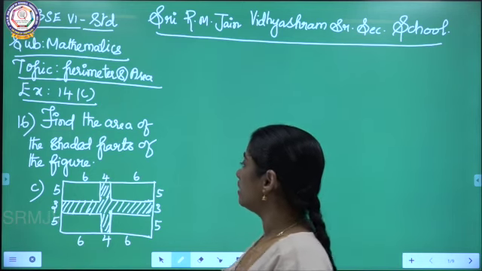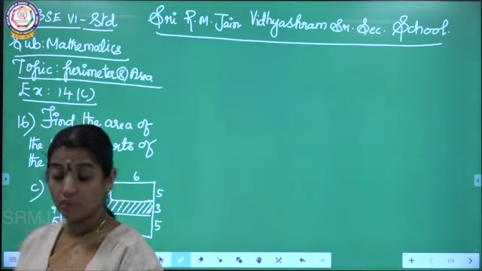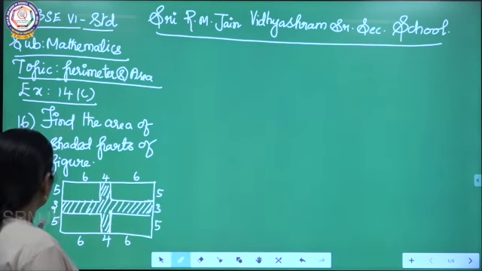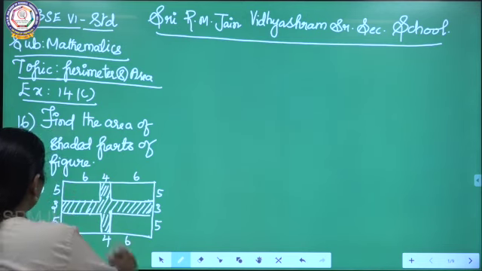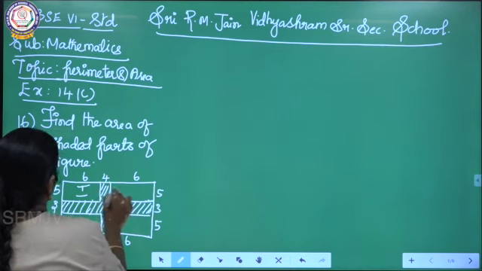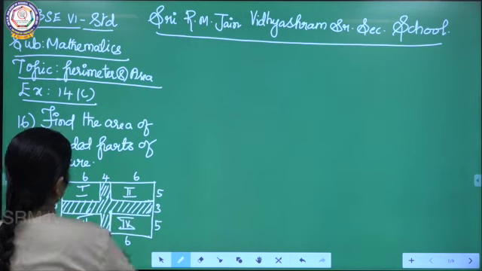See, listen. See this C sum. See the outer rectangle and see the inner. How many rectangles are there? 1, 2, 3 and 4.